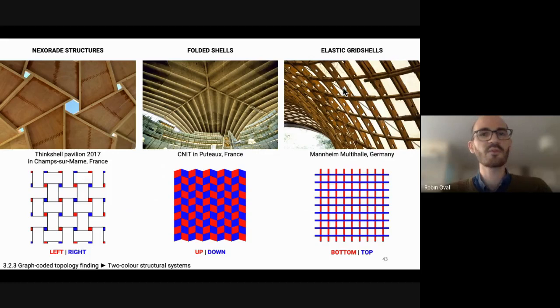All of these properties fit within these two-color constraints, whether it applies to the nodes, the faces, or the continuous edges. In that case, I will explain how I solve it specifically for folded shells, but it's exactly the same approach for different systems.